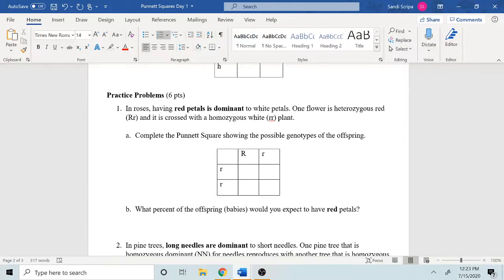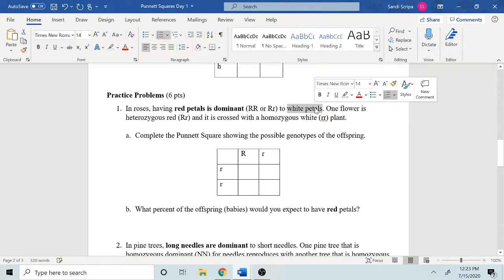So red petals, we can say that's big R, or big R, little r. And white petals is not dominant. So the only time that you're going to have white petals is when there's no big R's. So the only way you can have white petals is if something is little r, little r.